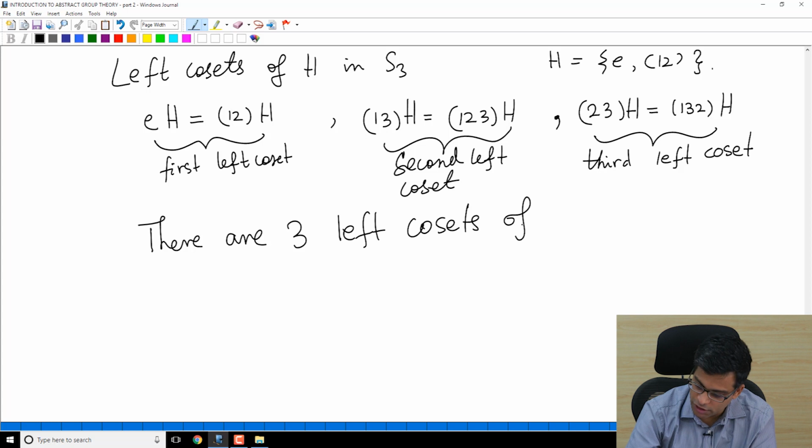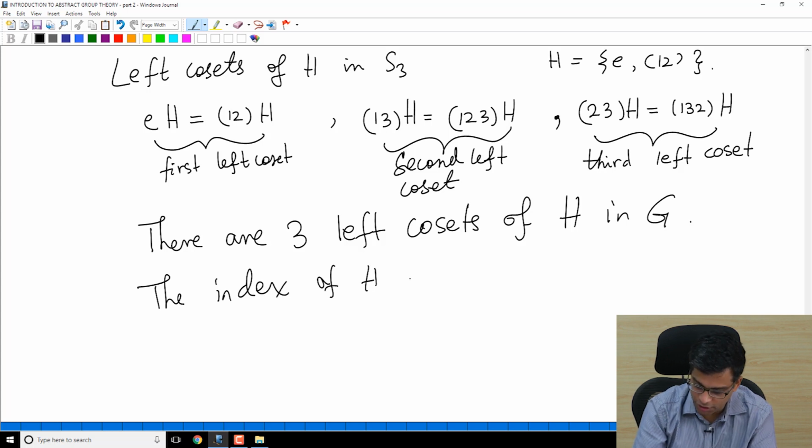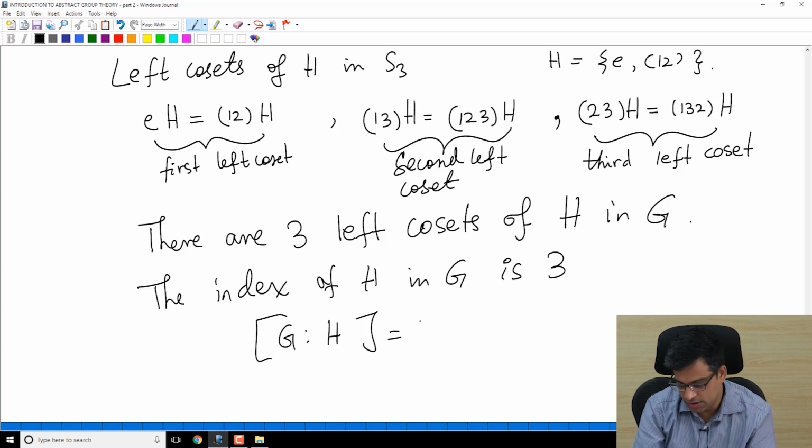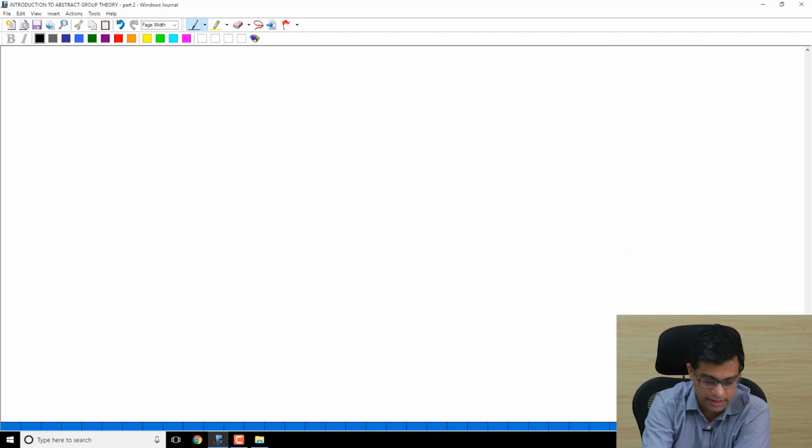There are 3 left cosets of H in G. In other words, the index of H in G is 3. In my notation that I developed earlier, G:H is 3. That means G was S3. So let me write S3 : H is 3. So is the counting formula verified in this case?